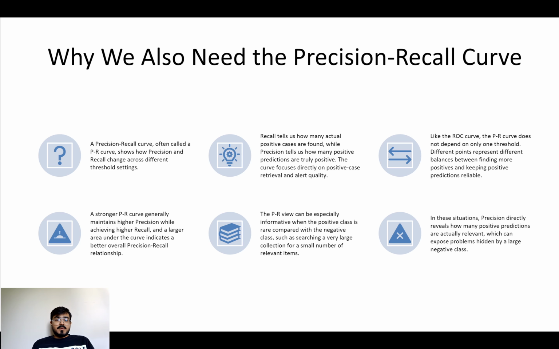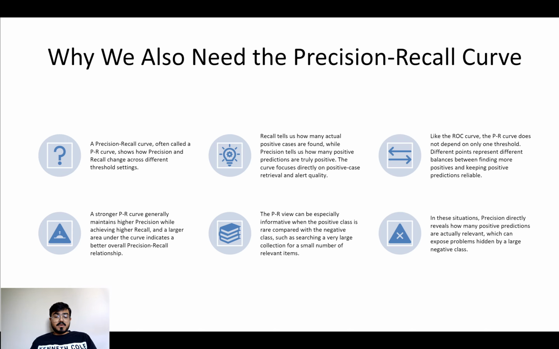So far, we have learned how the ROC curve helps us evaluate a classification model across different decision thresholds. However, ROC is not the only evaluation tool available. In some situations, another graph called the precision recall curve, or PR curve, can provide even more useful information.